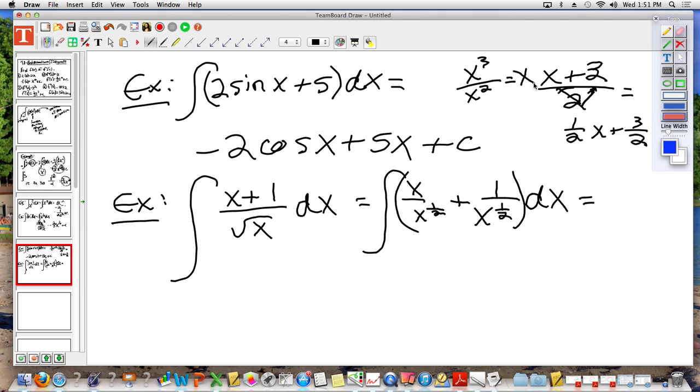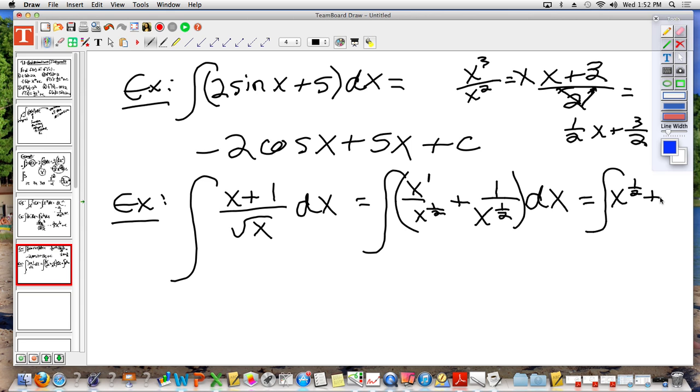So what do you do to the 3 and the 2? Subtract them. So if you have x over x to the 1/2 power, you have a 1 power on top and a 1/2 power on the bottom. What are you left with? X to the 1/2 power. Very good.